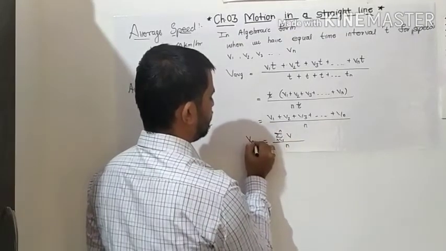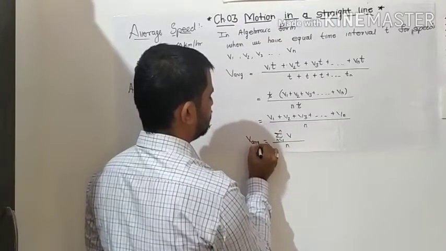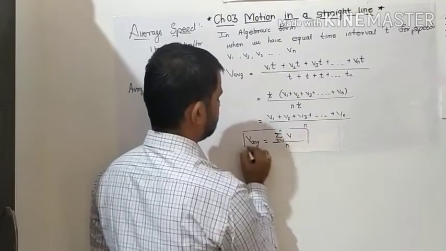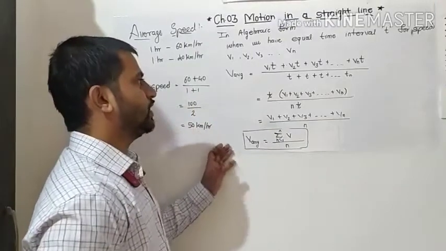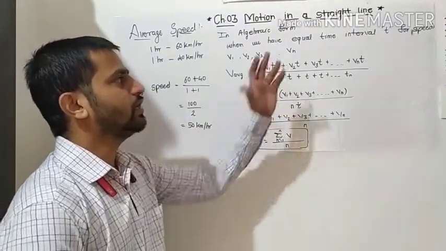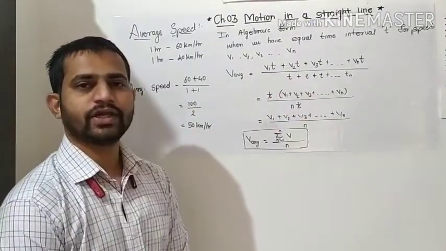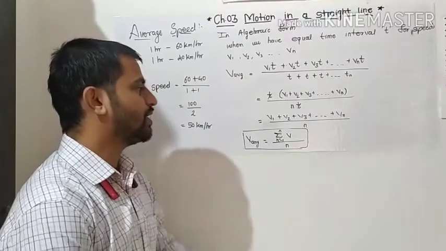This is v average when we have given the equal time intervals and their respective velocities. So we can go by this equation.